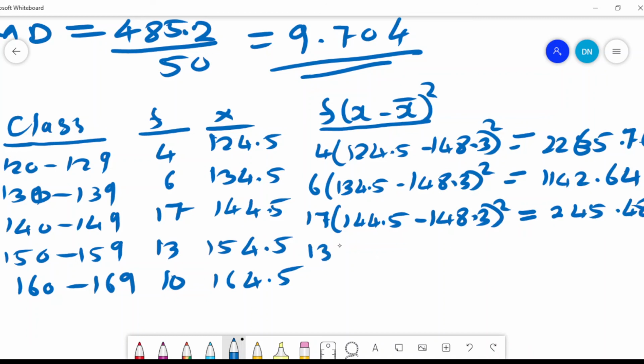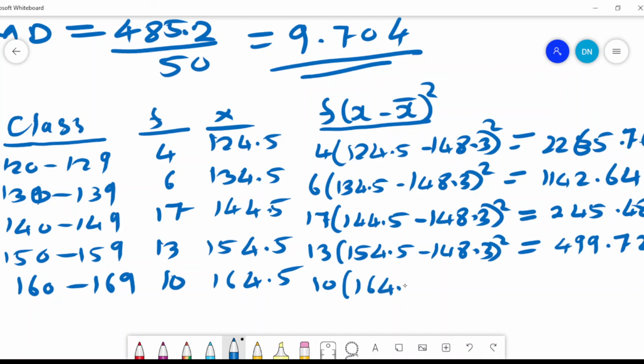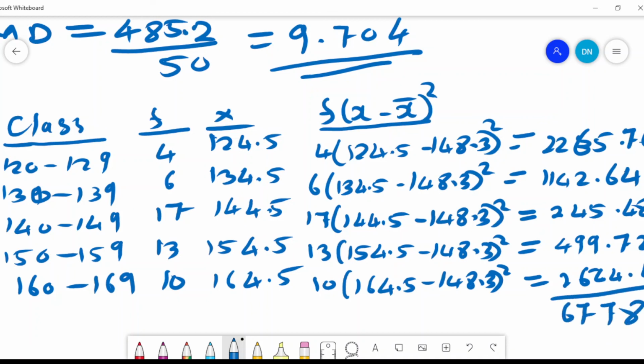And then the other one will be 13 times 154.5 minus 148.3, you square, and that will give me 499.72. And the final one will be 10 times 164.5 minus 148.3 squared, you square the answer and multiply by 10, and that will give you 2624.4.